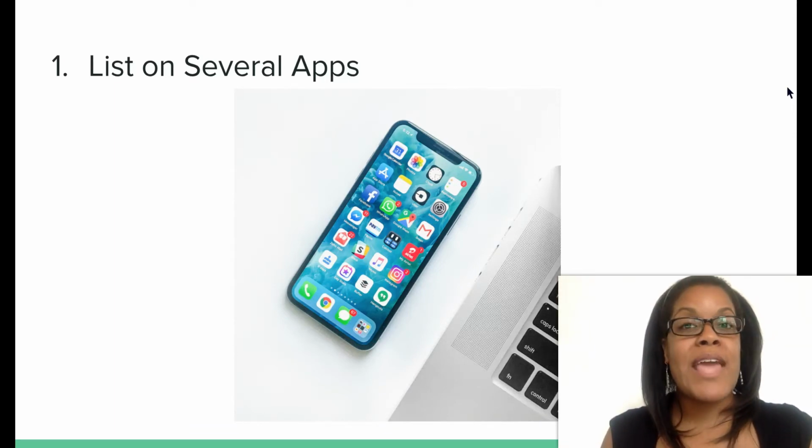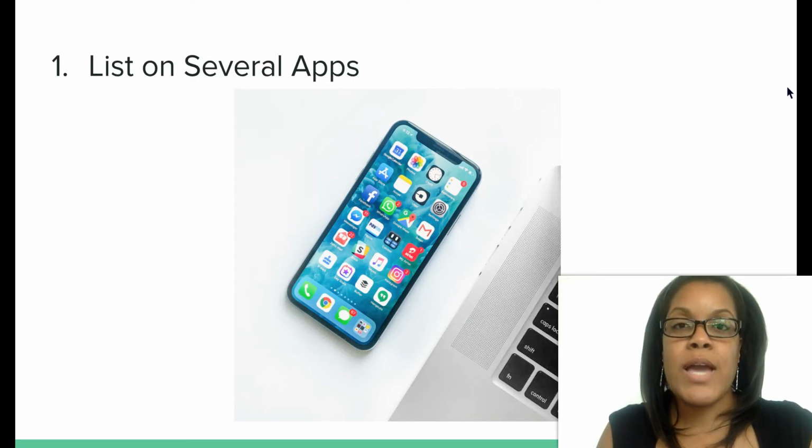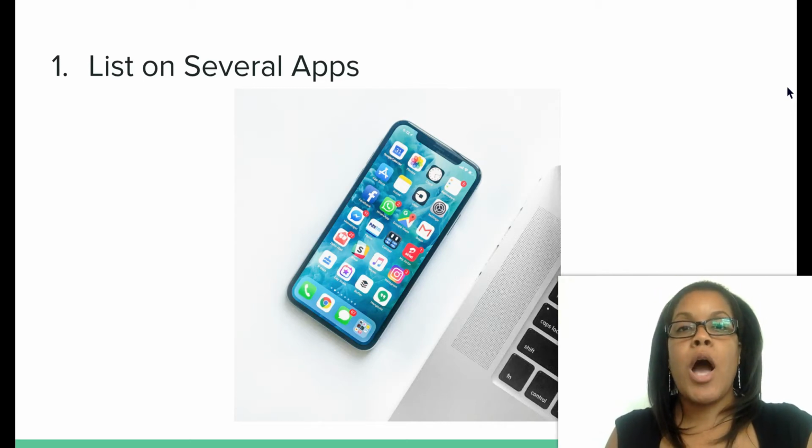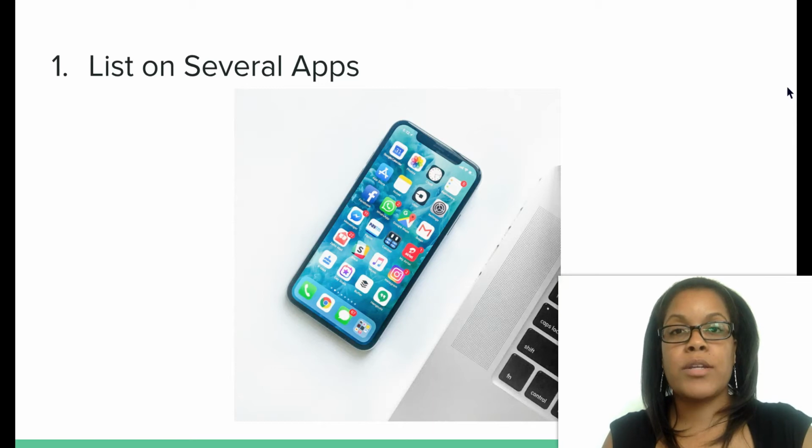Okay, and so some of the apps that you want to sell on, and I'm based in the United States, so these apps I'm able to get on my iPhone, are OfferUp, LetGo, 5 Miles, and Facebook Marketplace.